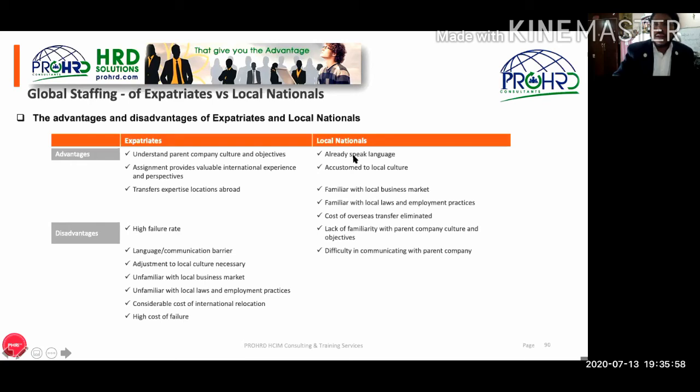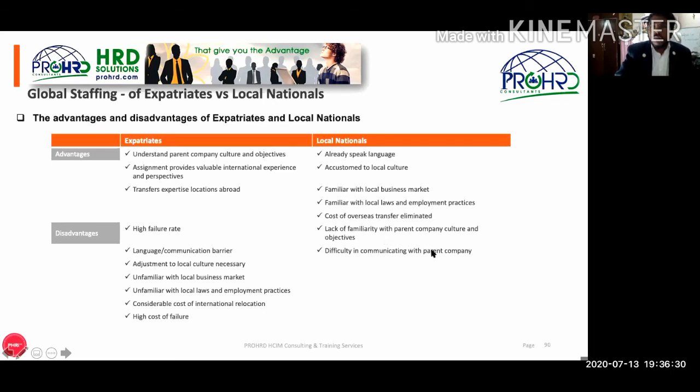Local nationals already speak the local language and are accustomed to the local culture. They are familiar with the local business market and with the local laws and employment practices. The cost of overseas transfer is eliminated. The disadvantages of local nationals: lack of familiarity with the parent company culture and objectives.